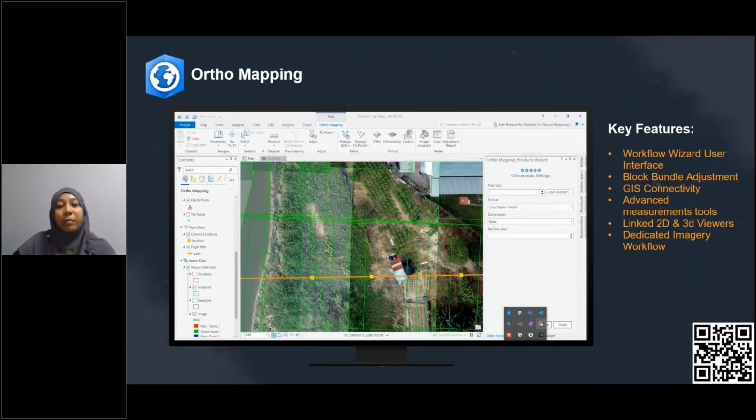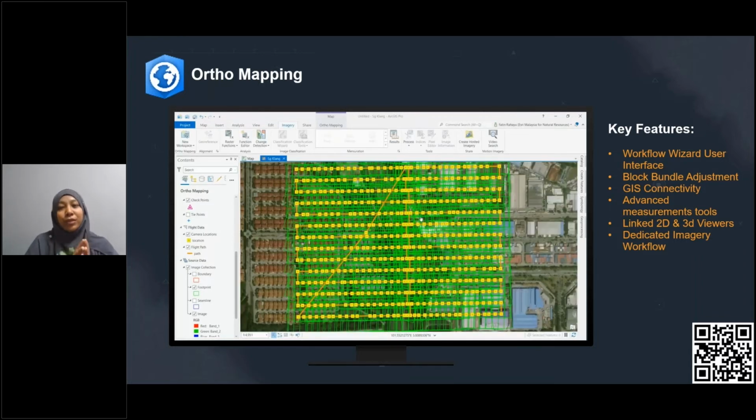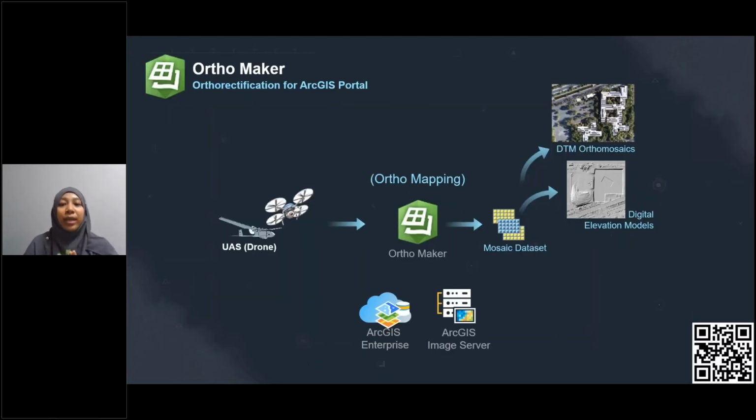Now let's go back to the slide. For those organizations that have deployed ArcGIS Enterprise with Image Server, we provide a built-in capability called Automapping for uploading and processing drone imagery.